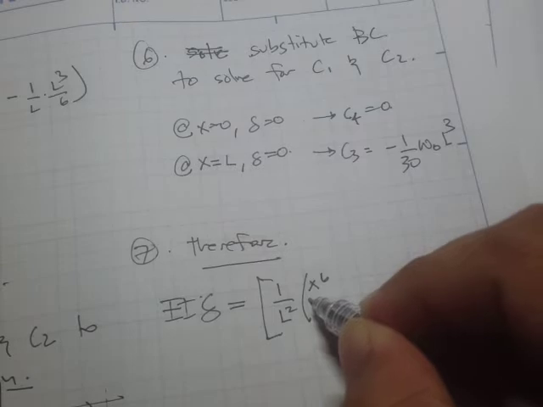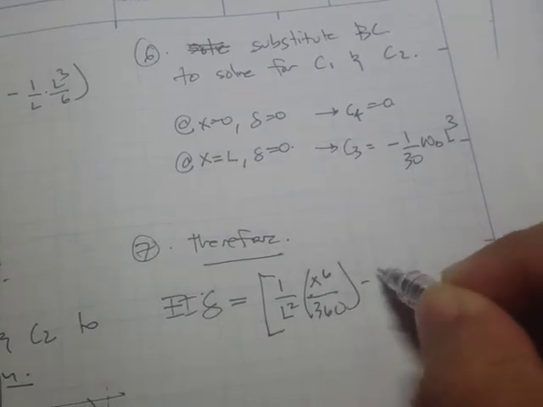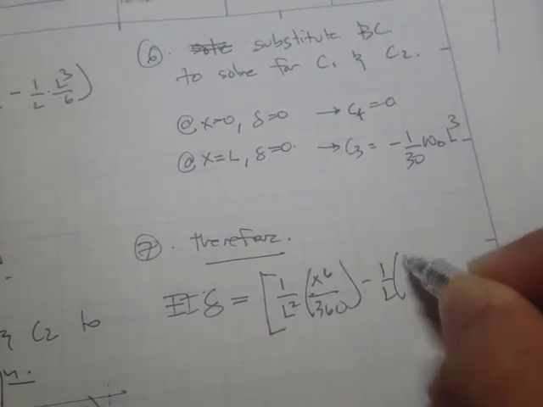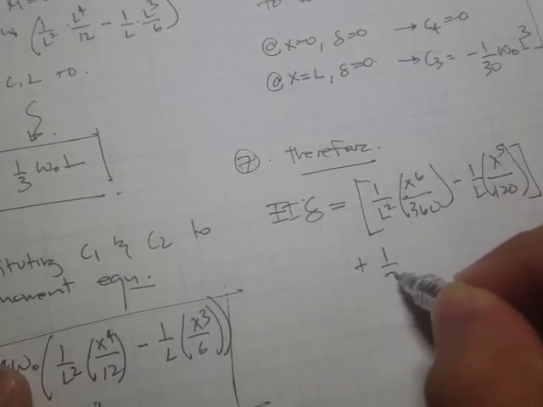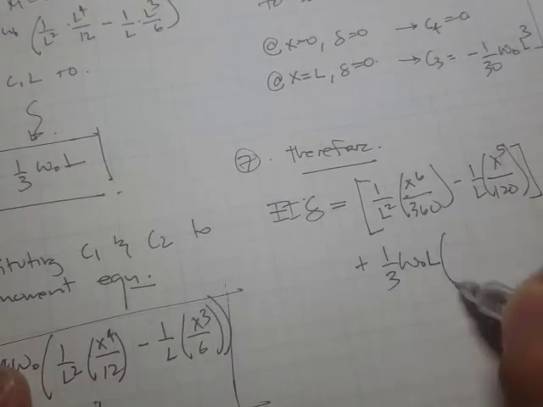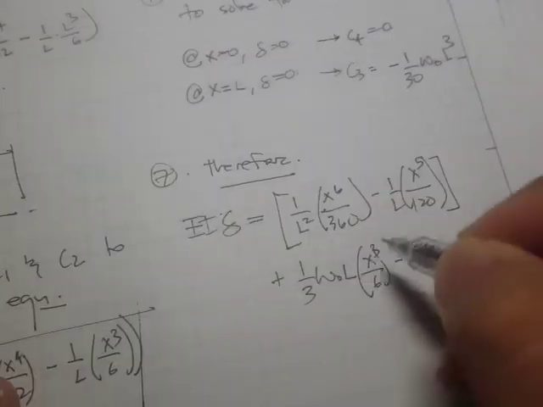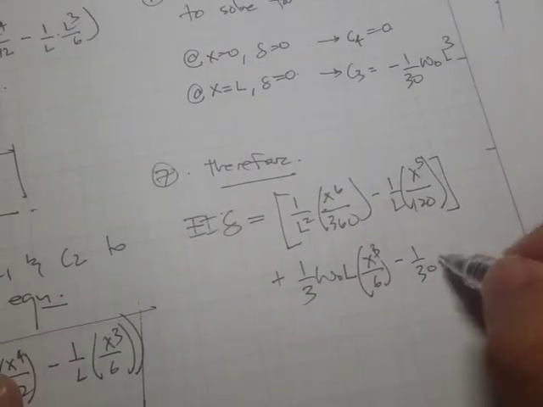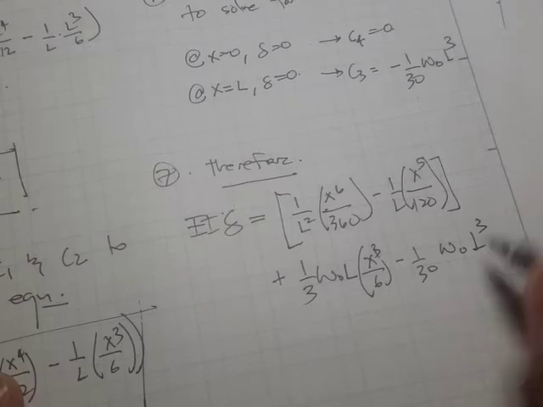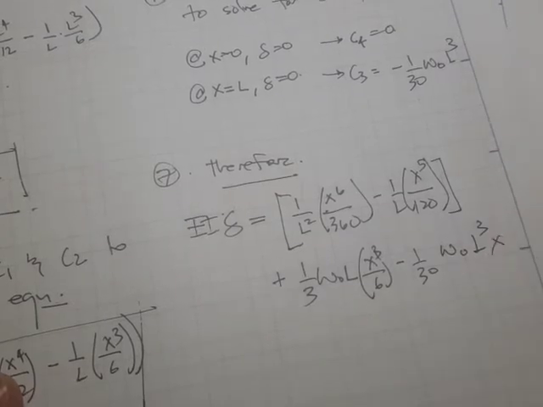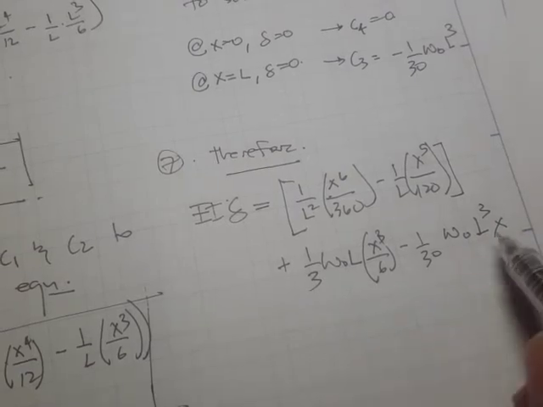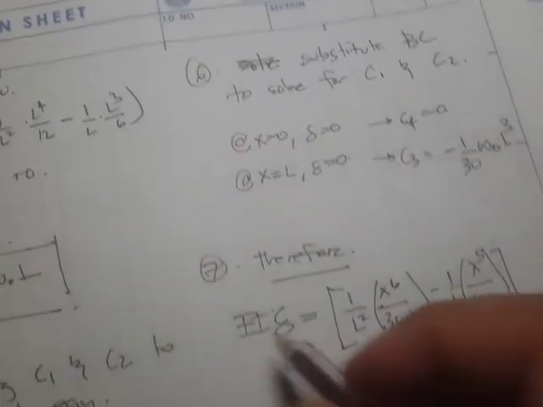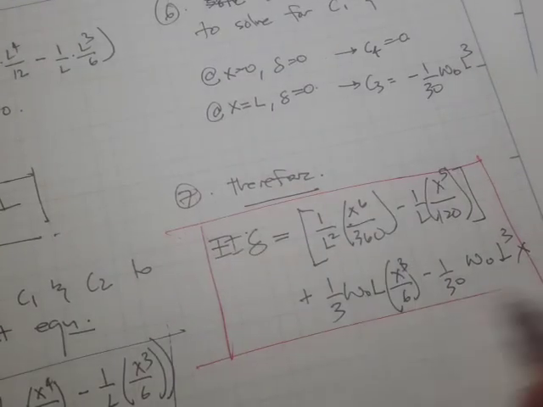So this is x to the 6 over 360, minus 1 all over L times x to the 5 over 120, plus 1/3 x cubed all over 6, minus 1 all over 30 omega L cubed times x. Okay, so here's now our expression, right?